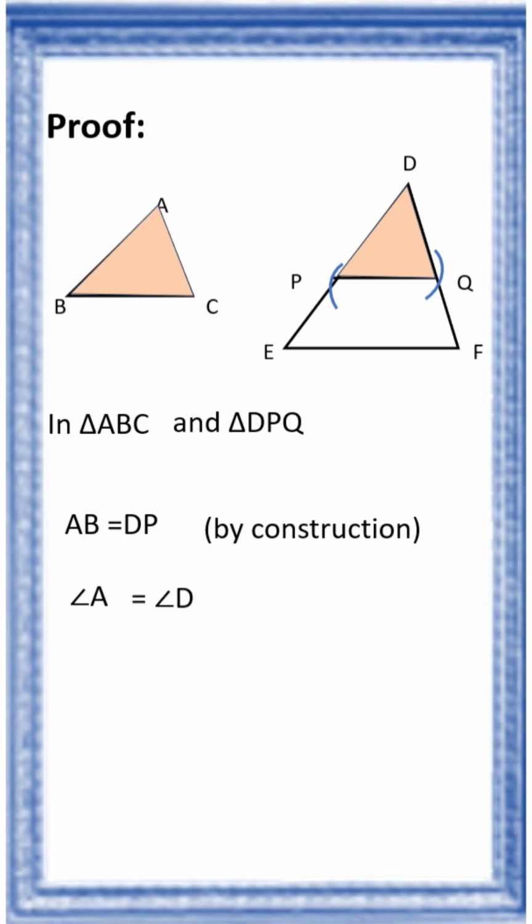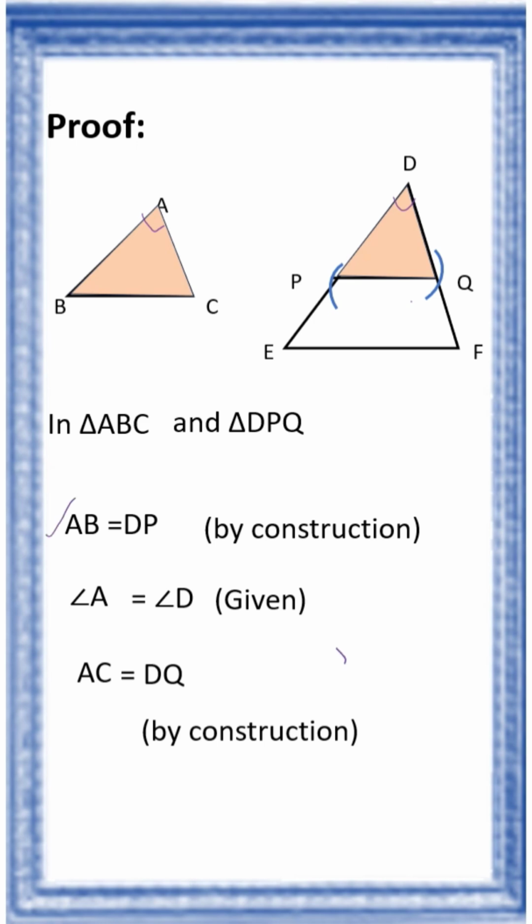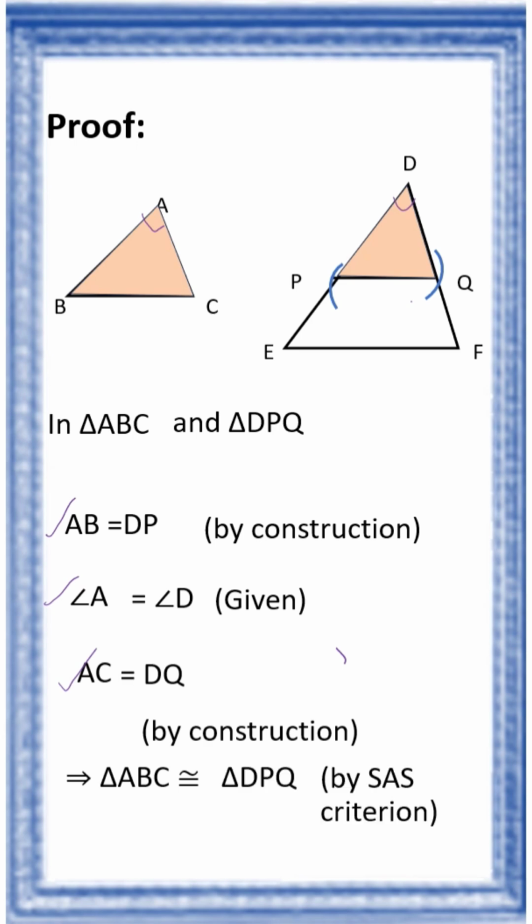It has already been given. Angle of one triangle is equal to angle of another triangle. It is given. And AC is equal to DQ. Why? By construction. So by SAS congruency criterion, what can we say? Triangle ABC is congruent to triangle DPQ.